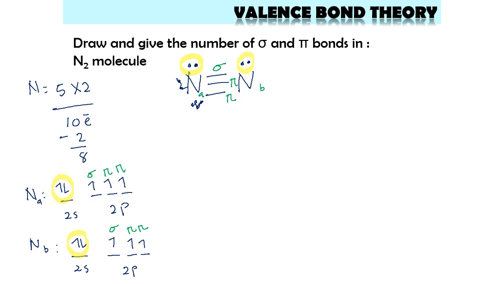I always label dekat electronic configuration, Miss akan always label ini akan jadi lone pair, dan ini akan jadi sigma, pi dan pi, so that I can cross check and double check with my structure when I want to show the overlapping. Okay, so let's show the overlapping now.